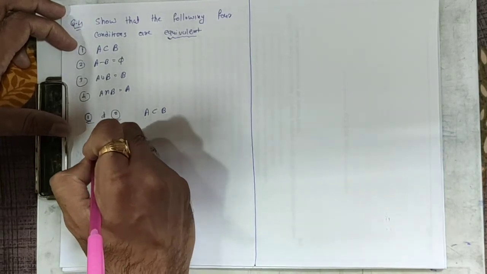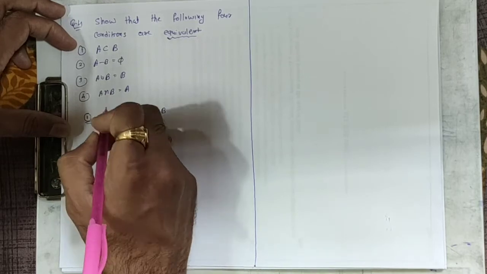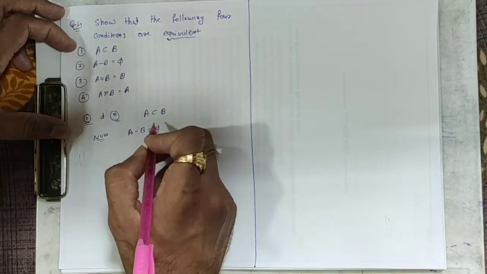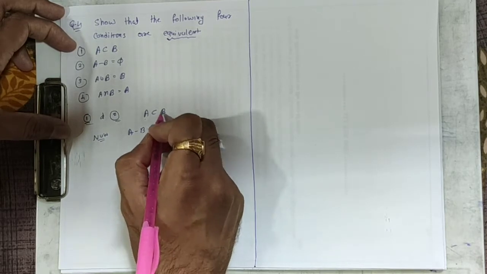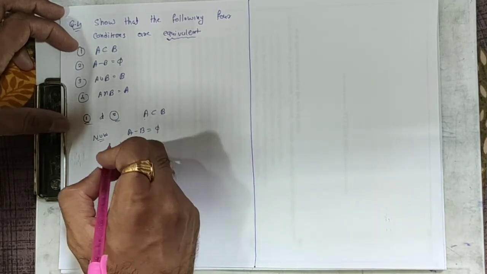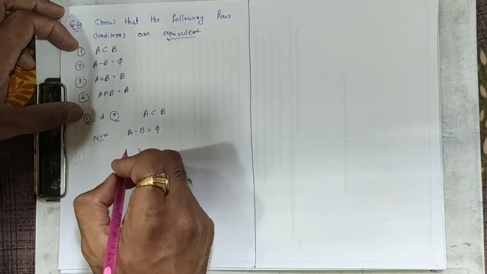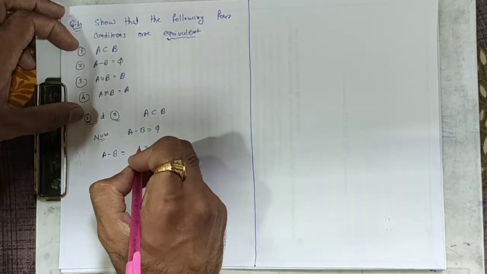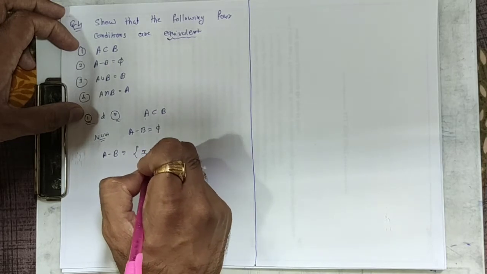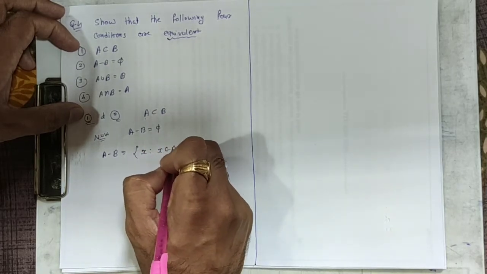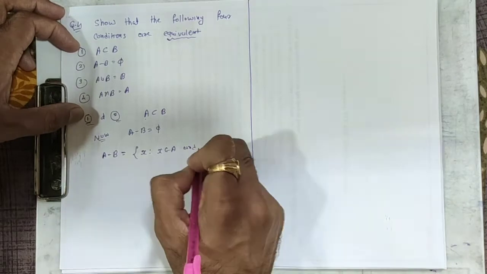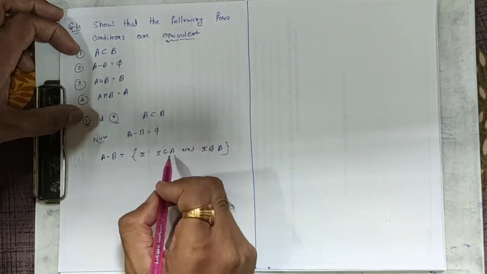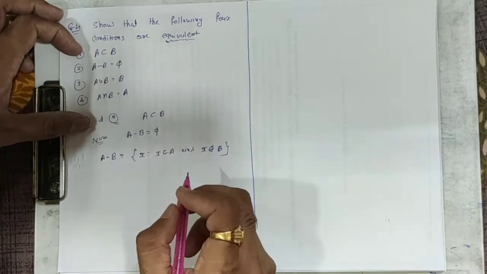So now we'll prove that this second condition, A minus B equal to phi, is equivalent to A subset of B. So what is the meaning of A minus B? The set A minus B is nothing but all the elements x where x belongs to A and x does not belong to B. Done? So that is A minus B.